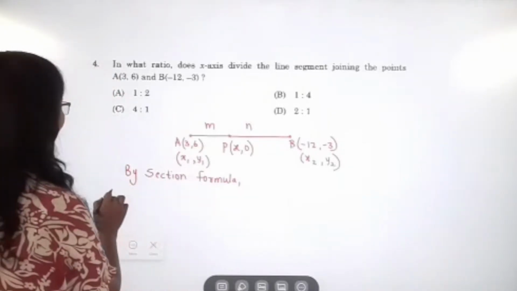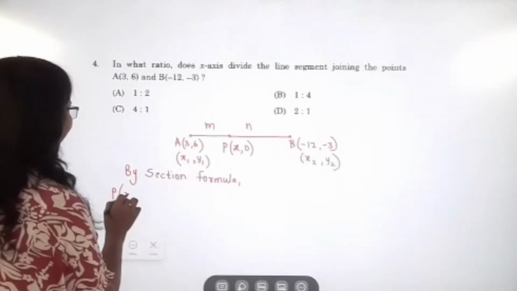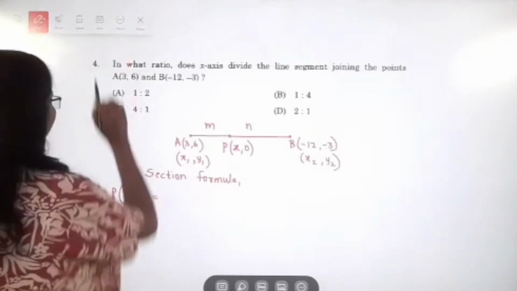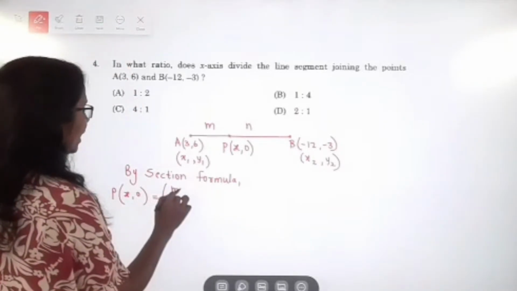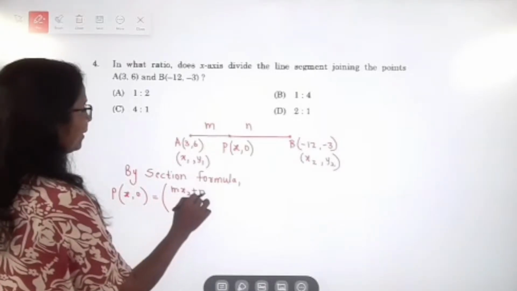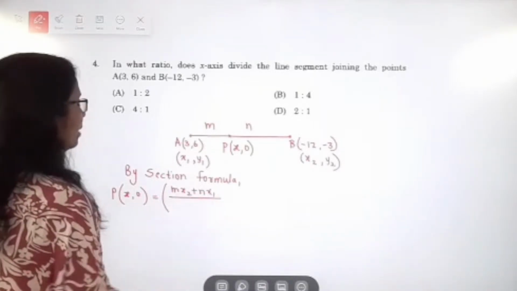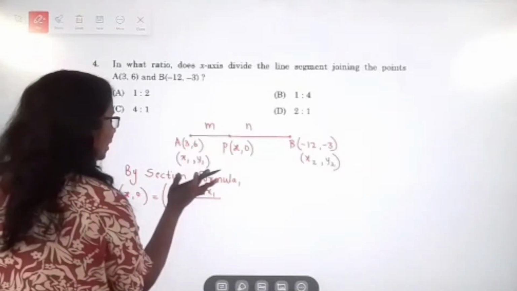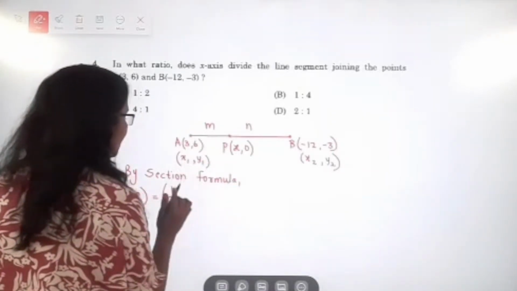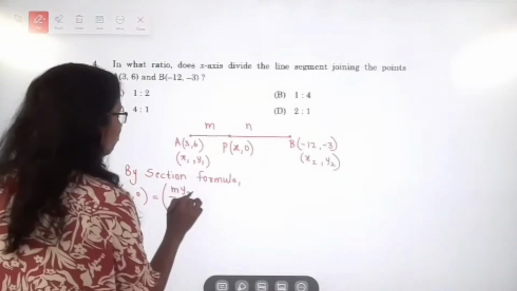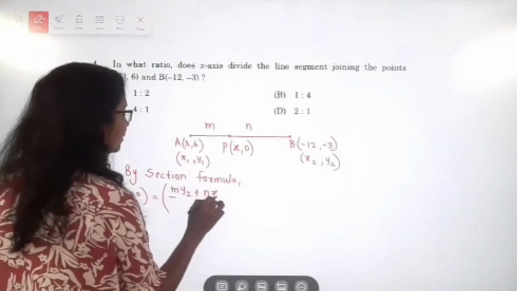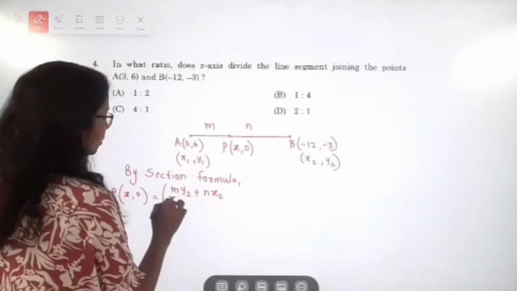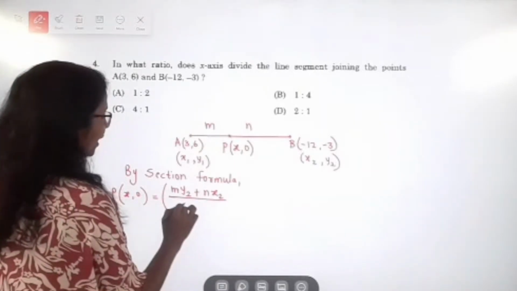The section formula: P(x0, 0) is equal to (mx2 plus nx1 upon m plus n, my2 plus ny1 upon m plus n).